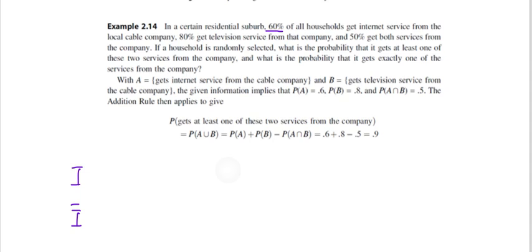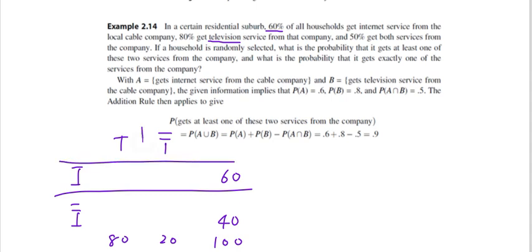So this is 60%, so 40% is no internet service, right? And also we're talking about the television service, so television service or no television service. So television service total is 80%, so not is 20%. So we suppose that the total is 100. We can use those.